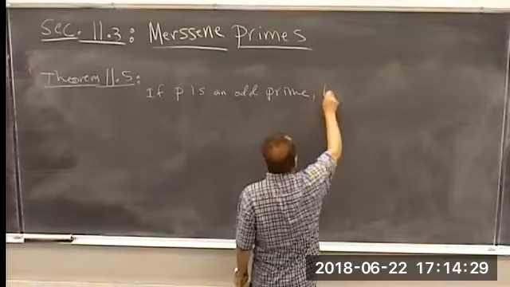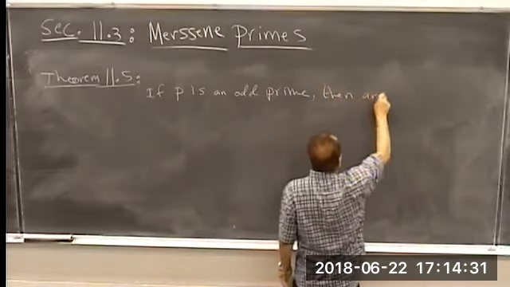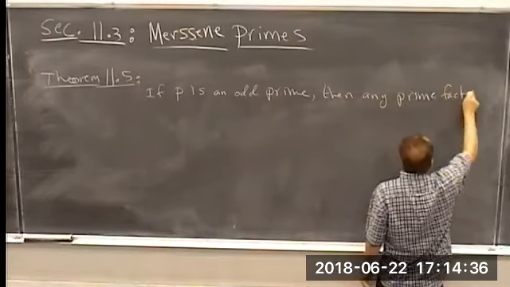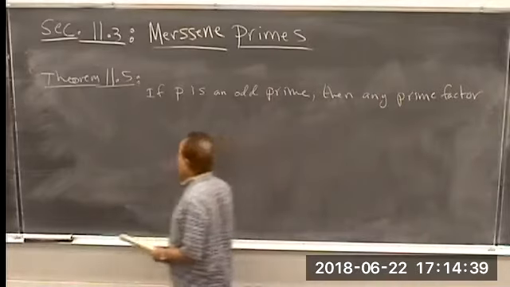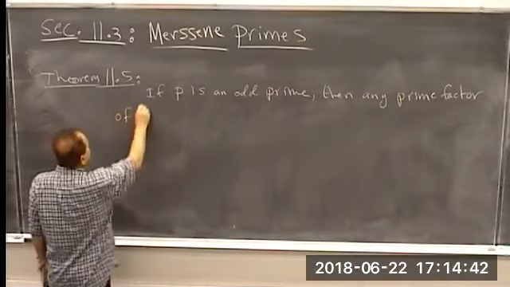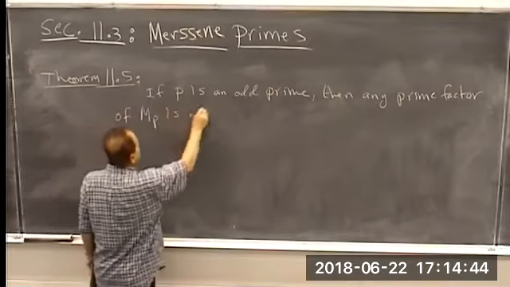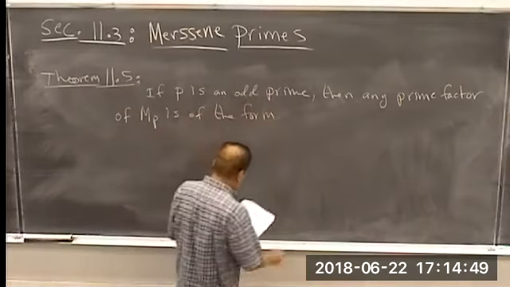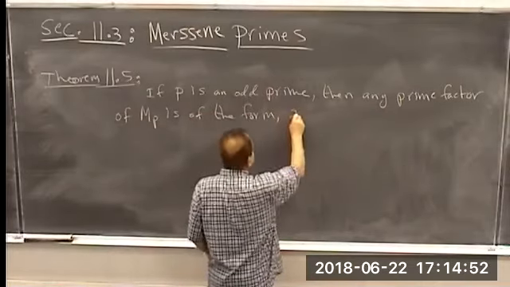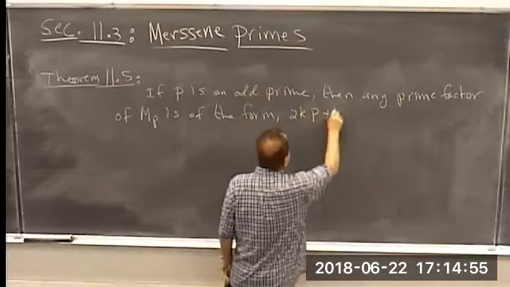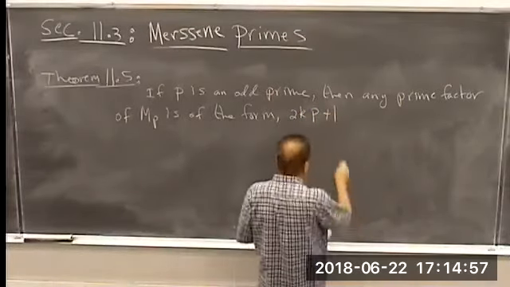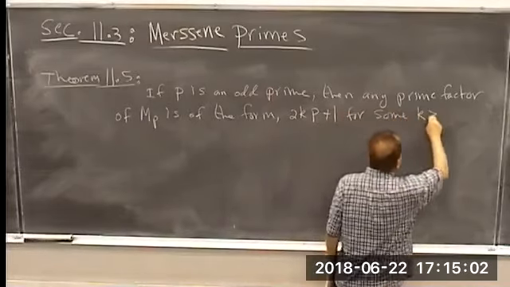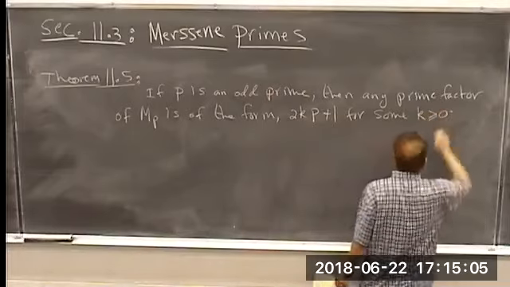Then any prime factor of M sub P is of this form: 2kp plus 1 for some k bigger than or equal to 0.